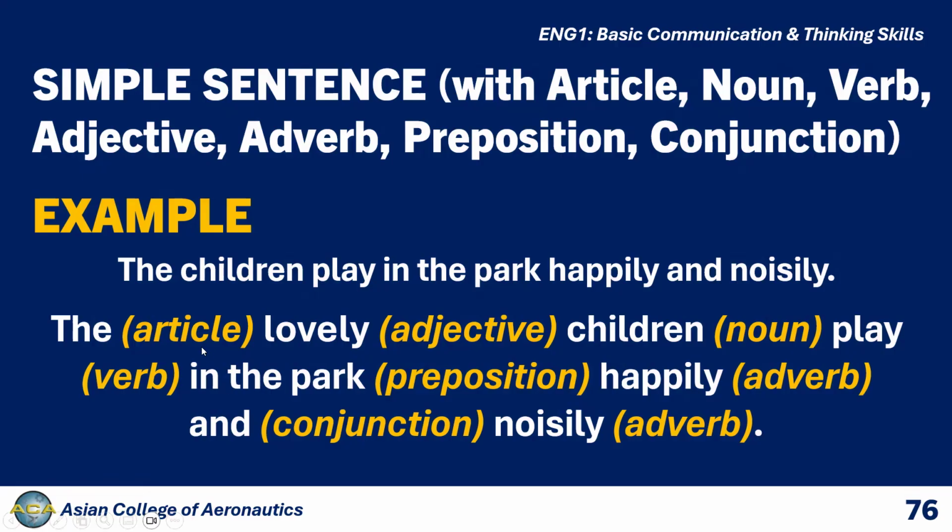So the article used in a simple sentence is the word the. Then the adjective is the word lovely because it describes the noun, which is children. Children here is the noun or the subject. Then what would be our verb, the action word, which is play?